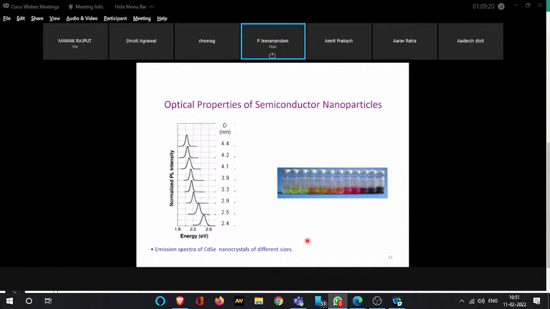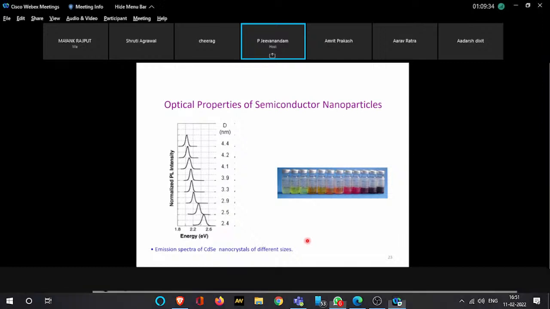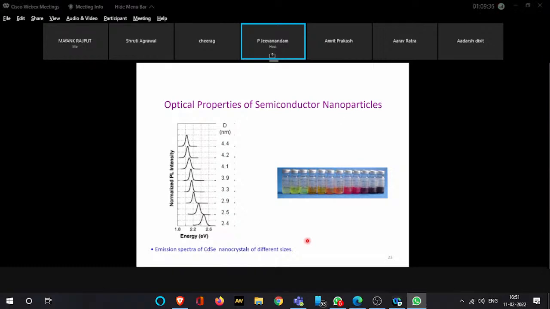Now, if electrons and holes are confined in a very, very small space, that leads to something called the quantum size effect. Of course, there are theoretical models for this. What is the quantum size effect? When you go from bulk to very, very small size, your electrons and holes are confined in such a small space that they start showing quantum effects.